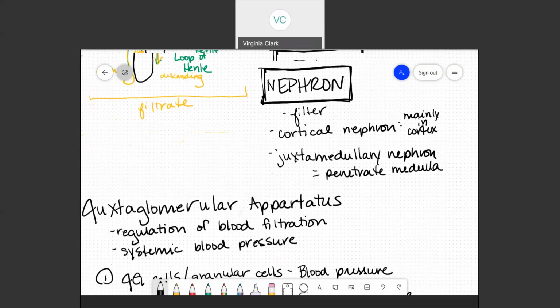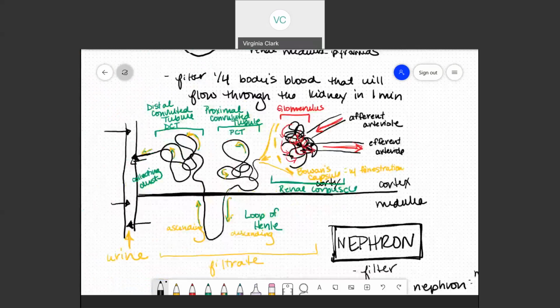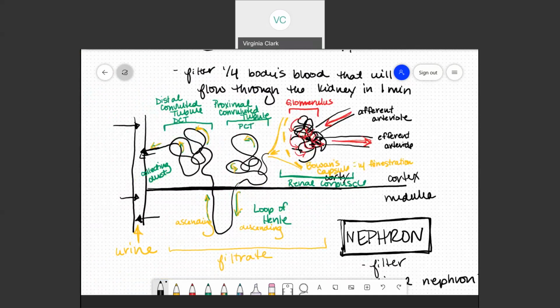That means way up here in this guy, all the way here. This is going to be our JG cells right here. These are a blood pressure sensor. So our juxtaglomerular apparatus has JG cells that are a blood pressure sensor in the walls of our afferent arteriole.